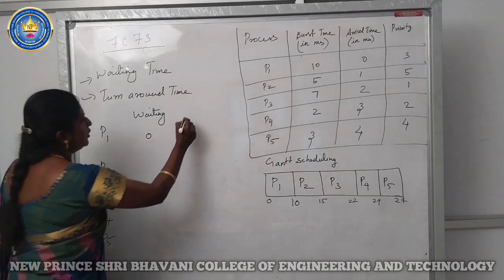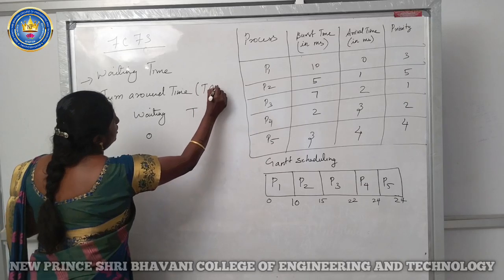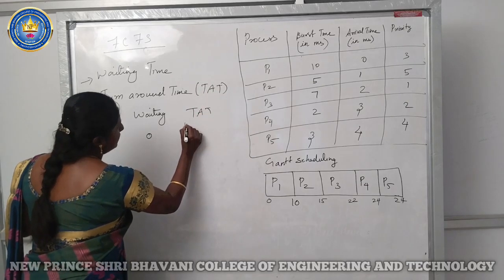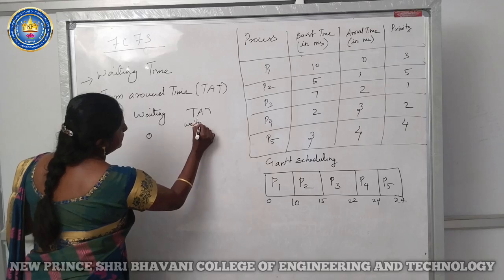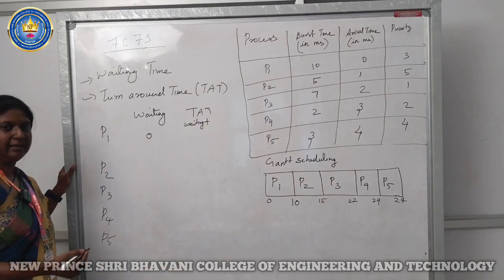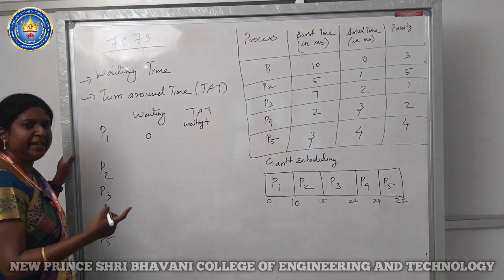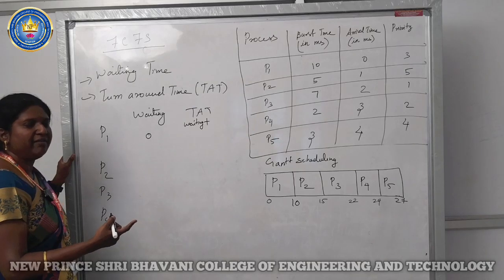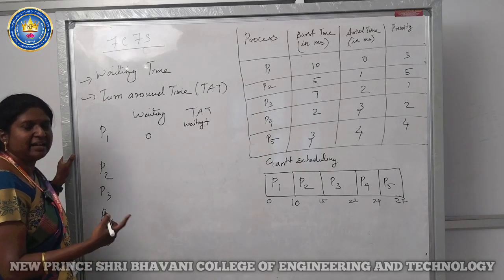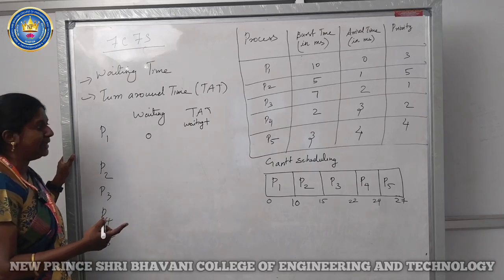And then turnaround time, which we call TAT. Turnaround time is waiting time plus burst time. We already said turnaround time means we add the time spent in the queue, the time waiting to enter memory, and the CPU burst, and adding all of this we get the turnaround time.